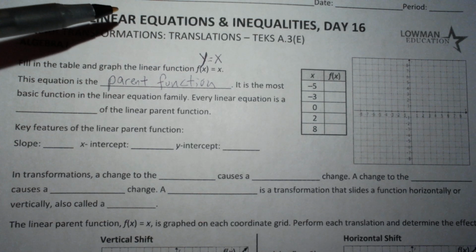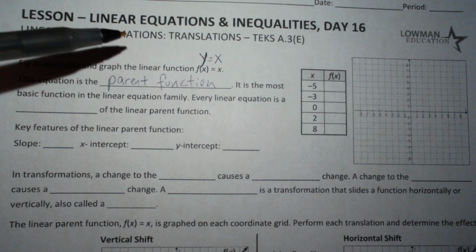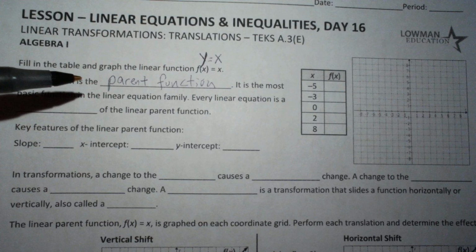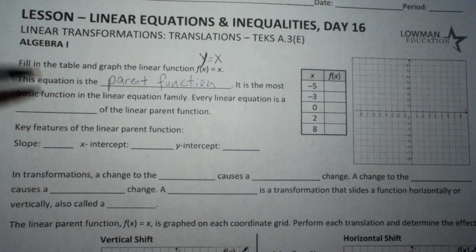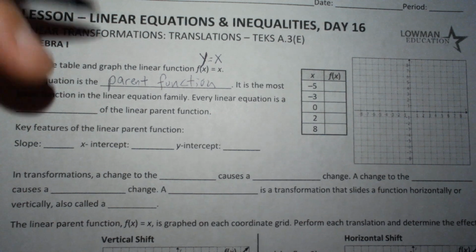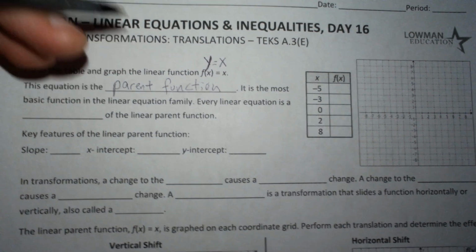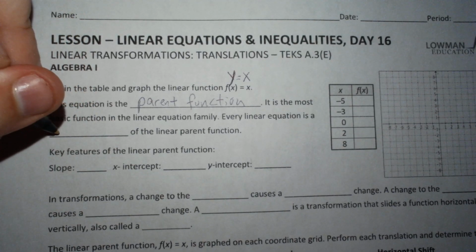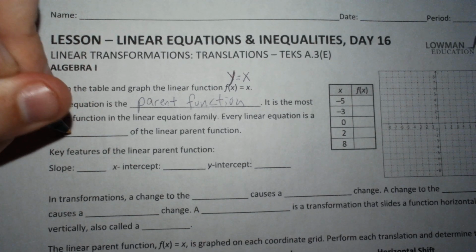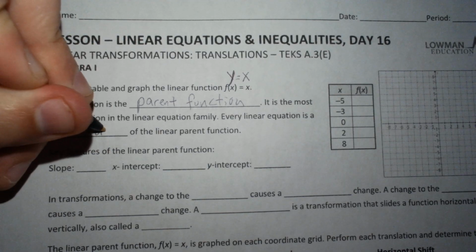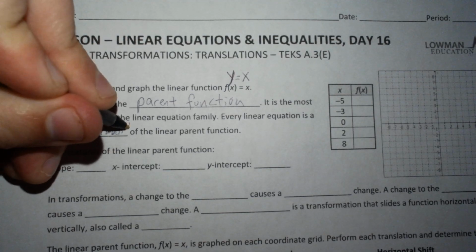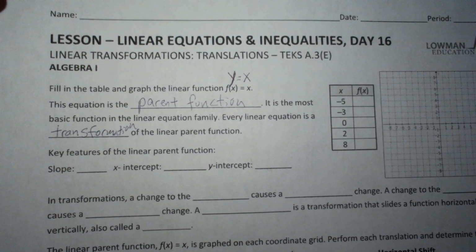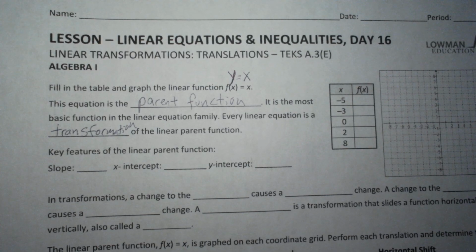On Desmos, I could put in x, and it would graph this line. In TI-84, same thing. And so every linear equation that we have is basically this, just a transformation of this parent function.